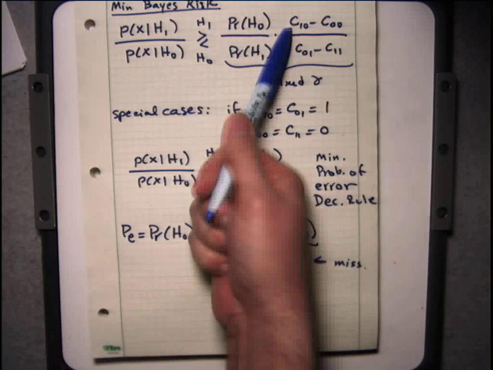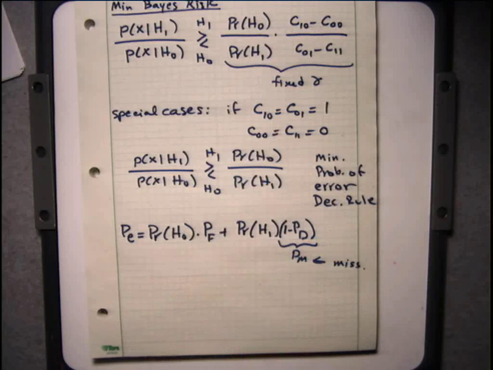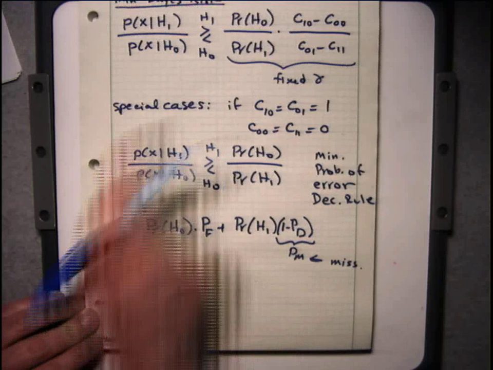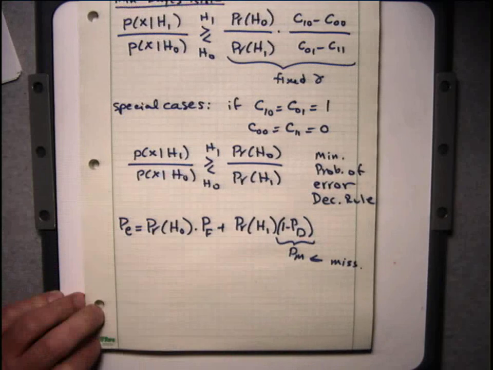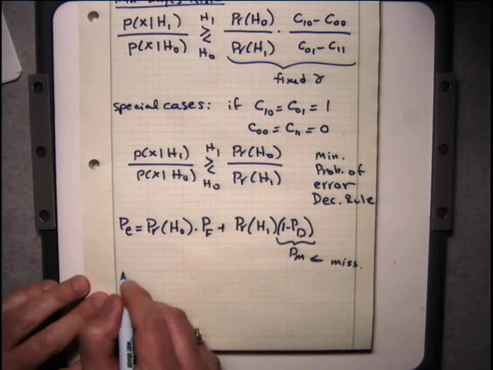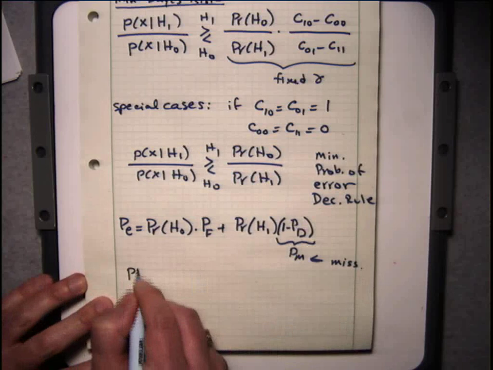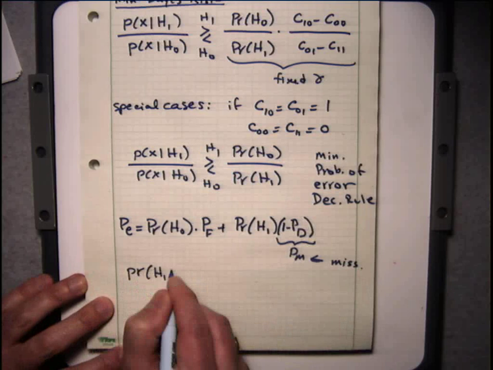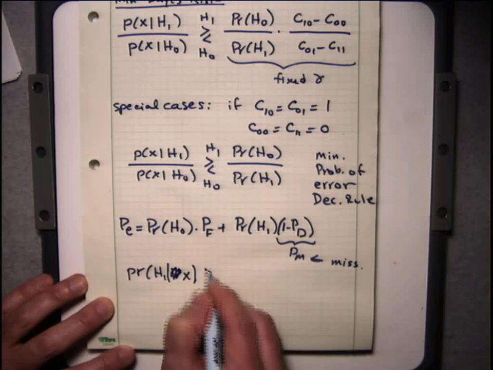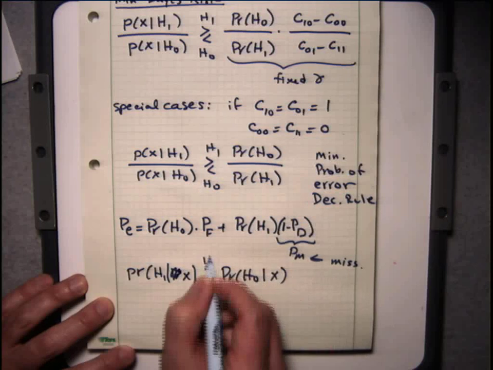And then a special case of that one is the minimum probability of error. The next one is what we call the maximum a posteriori. That's just a different way of writing this. Okay? So if we cross multiply these terms, then using the Bayes rule, you can write probability of H1 given x over probability of H0 given x, compared to H1, H0.